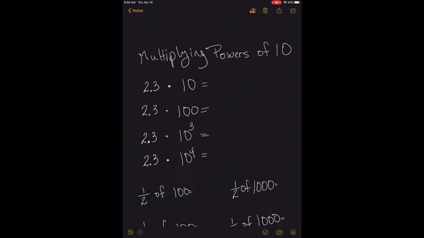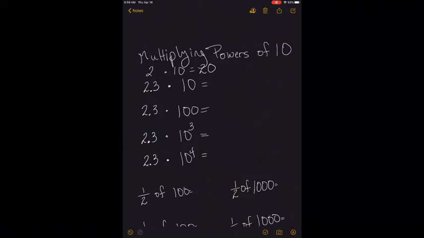The other part of this is multiplying by powers of 10. So this is not an example in your notes, but I thought I would just add in a couple of other examples to help us see what happens when we multiply by 10. Well, I think that you guys know that when you multiply 2 times 10, you would get 20.